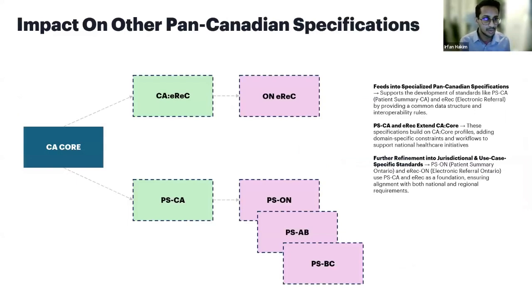So what impact does this have on pan-Canadian specifications? When we have something like a CA core defined, you're creating profiles that are reusable for different use cases.